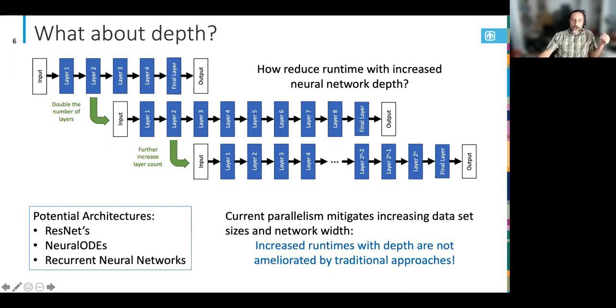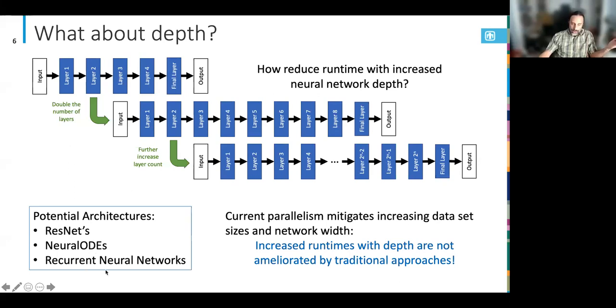And in general, one can ask the question, well, do you really need a 500-layer ResNet architecture? And I think it's arguable that you probably don't. There's also the development of these neural ODEs, where you would discretize in some sort of time dimension as opposed to a layer. That could lead to deeper neural networks.